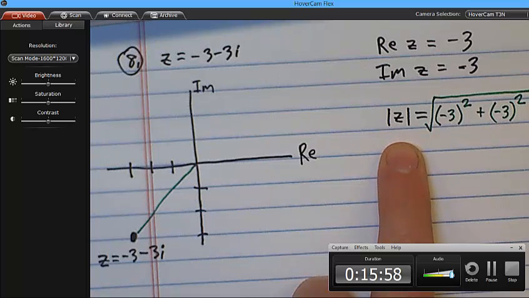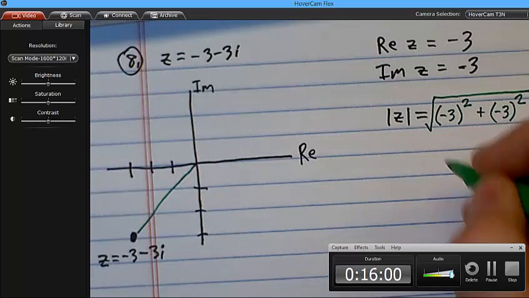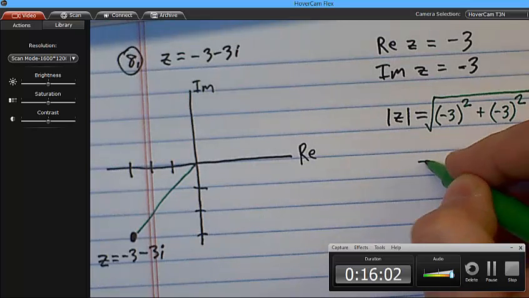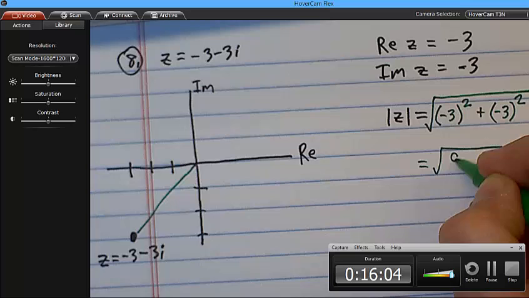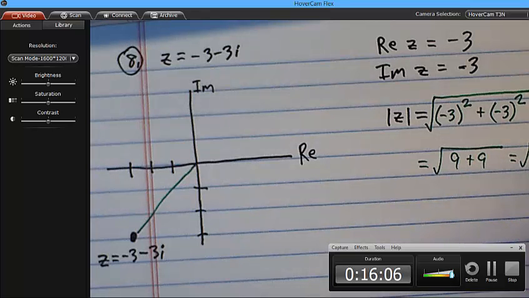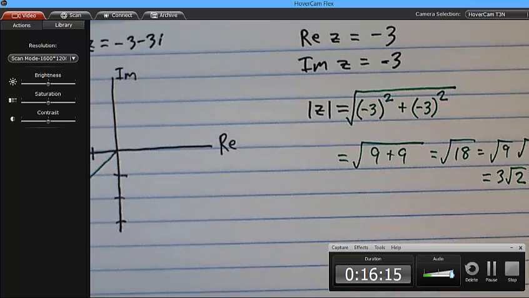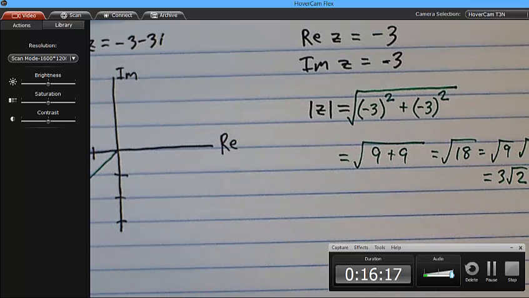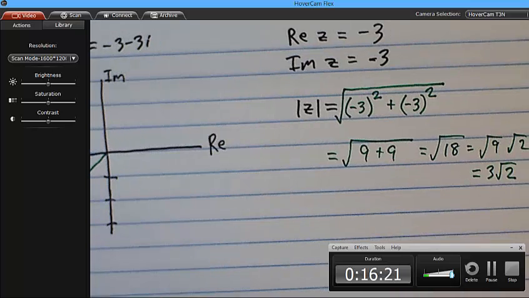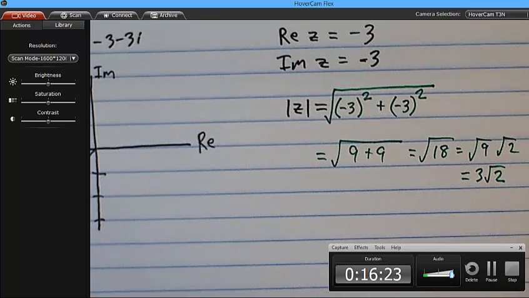We know absolute values are positive. The modulus is going to be positive. All right, so we get the square root of 9 plus 9, which is the square root of 18, which is square root of 9 times square root of 2, which is 3 radical 2, which you can't see because I took it off the map, but that's where it is. Okay. So that's the modulus of z.